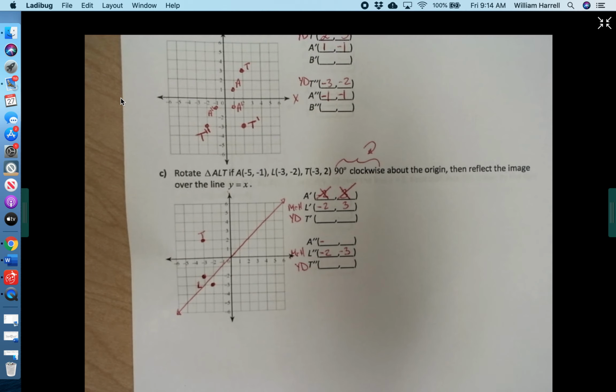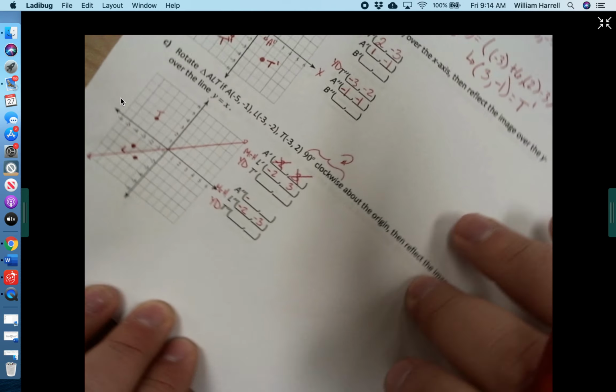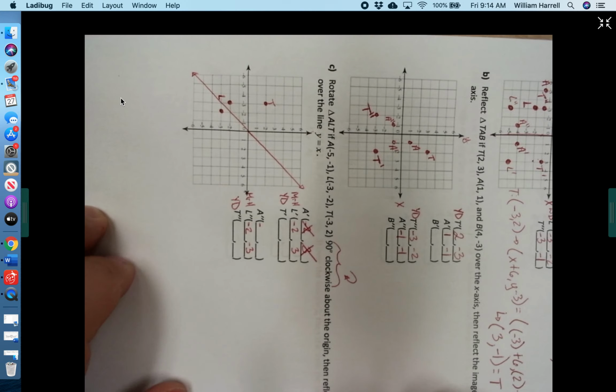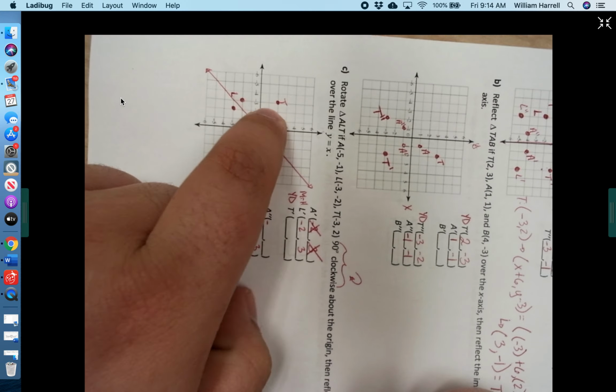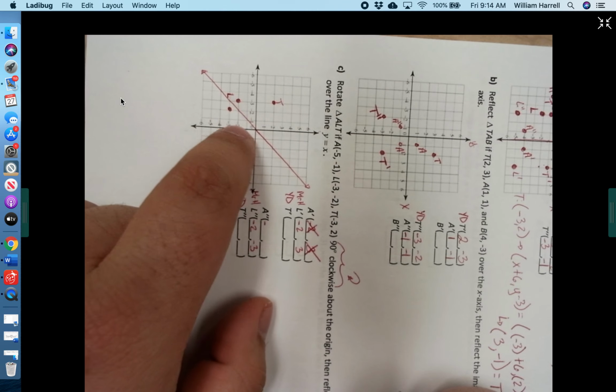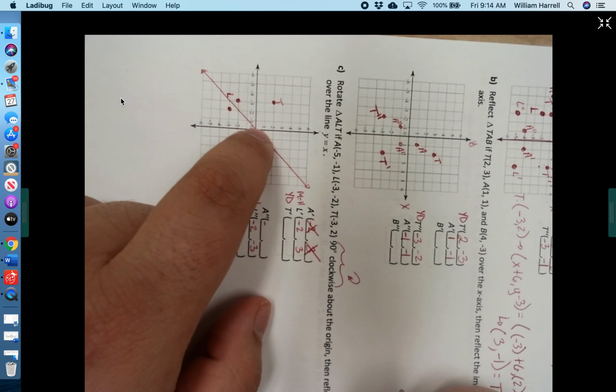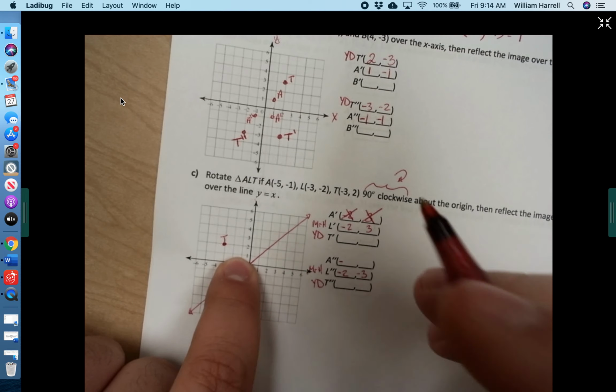Second thing you do is figure out the first transformation they want you to do. They want y'all to rotate 90 degrees clockwise. So start here, rotate 90 degrees, and now find this point ignoring the numbers. So over 2, up 3.